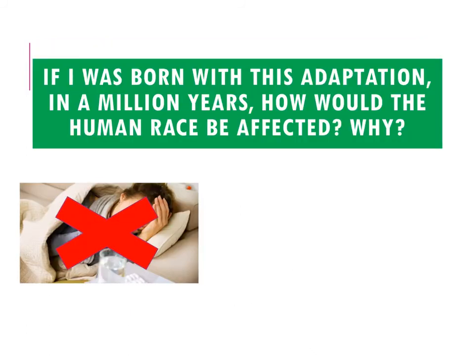If I was born with this adaptation, remember, an adaptation is a trait that makes you more likely to survive. Of course, being resistant to a disease would. In a million years, how would the human race, all the humans on Earth, how would it be affected? Do you think nature would select for this, or would it not?